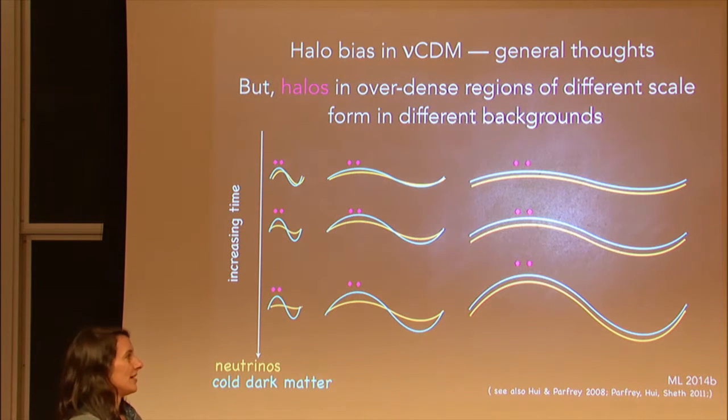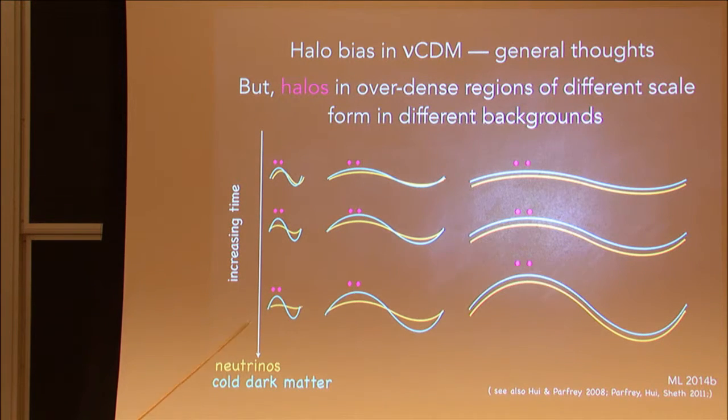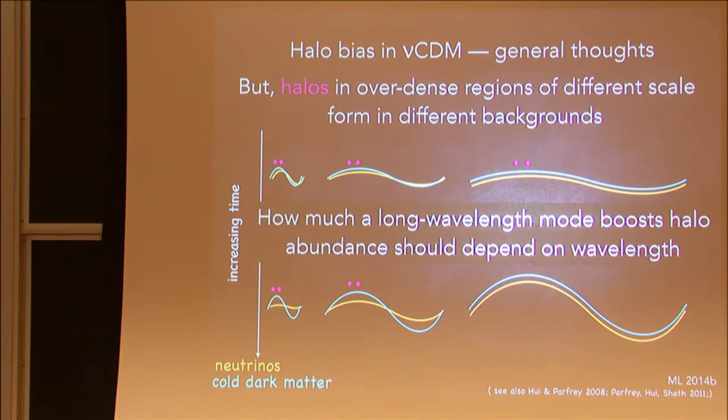And so if I'm asking how many extra halos I should have in these different regions, it won't necessarily be some function of just the final time density. Are there any questions? Okay. So in this picture, how many more halos you form in overdense regions should depend on the wavelength of the overdensity.